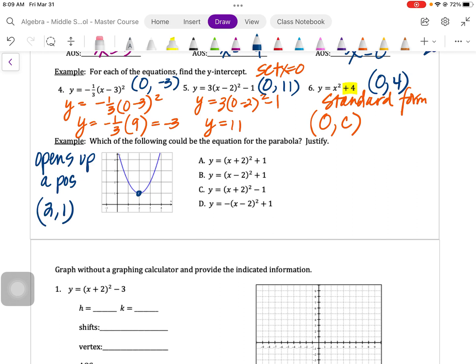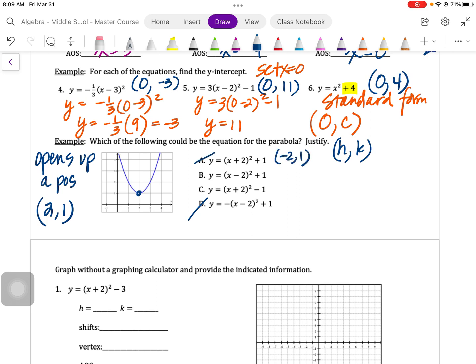Okay, so over here, using good process of elimination, if A has to be positive, I know that D is not an option. So I'm going to get rid of that right away. And then using what we learned earlier, my vertex is the value of h, k. I'm just going to calculate my vertex. So for choice A, my vertex would be at -2, 1.